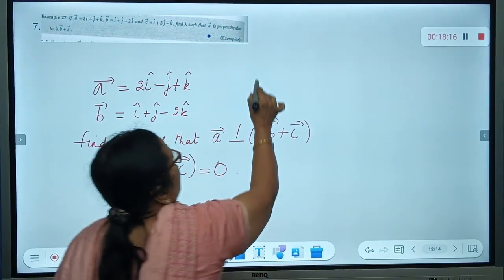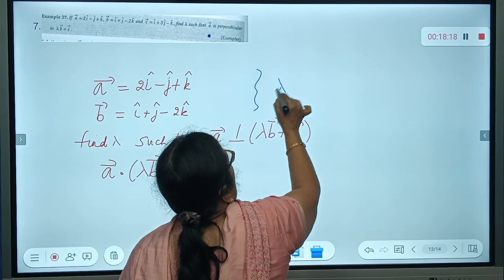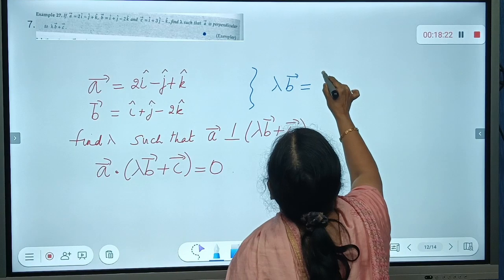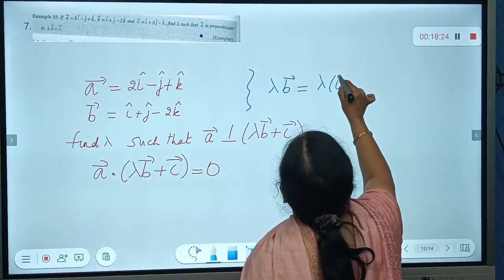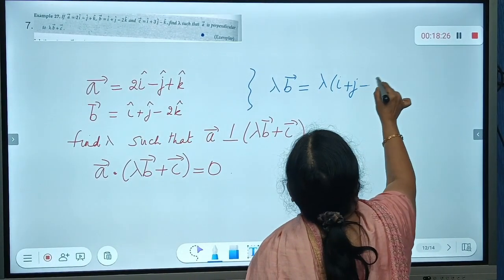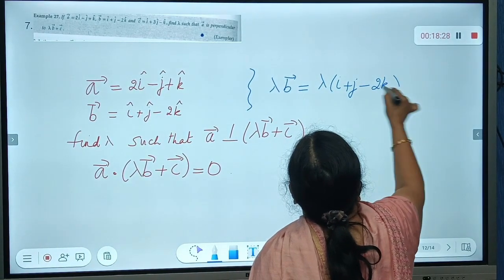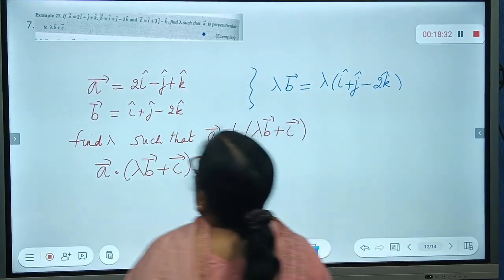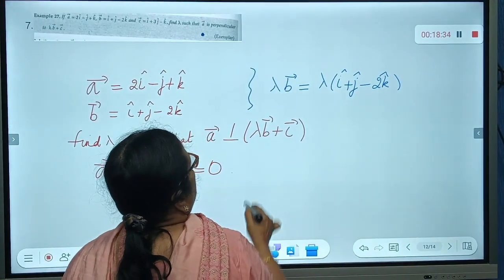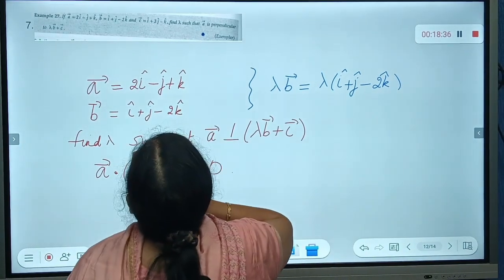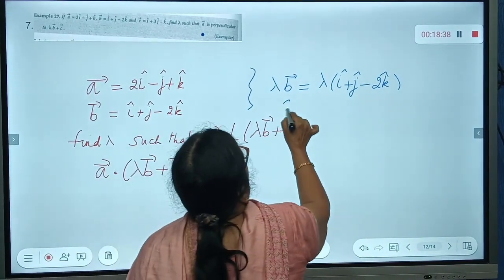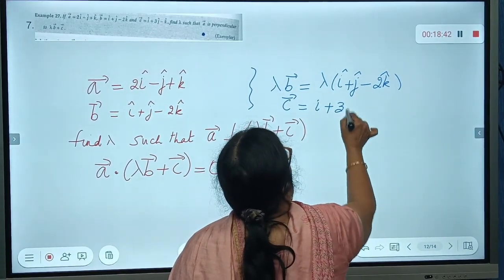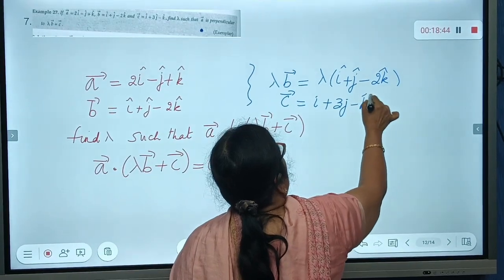Now, what is lambda b plus c? Lambda b vector will be lambda times i plus j minus 2k. C vector is also given. C vector is equal to i plus 3j minus k.